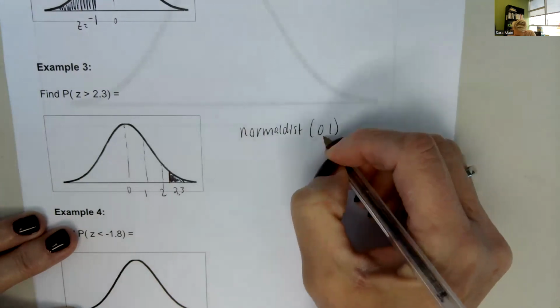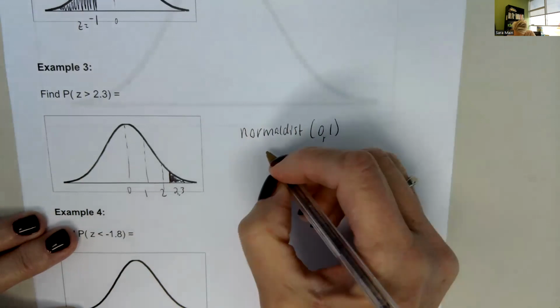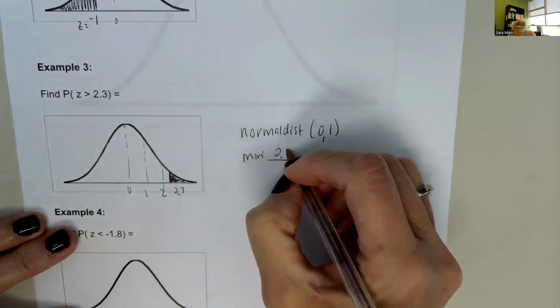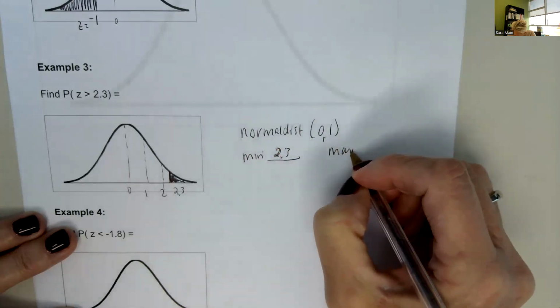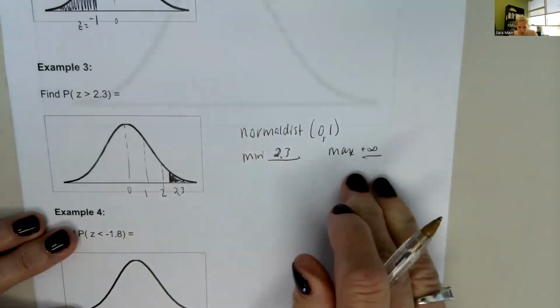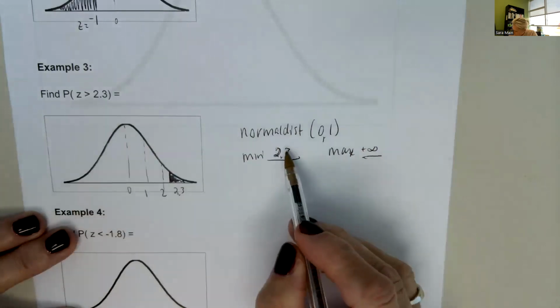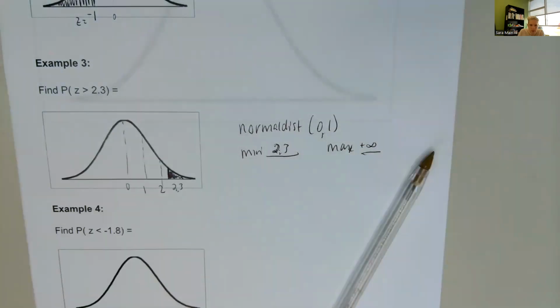Of 0 and 1 because we're describing the normal z. And we want to have our min. This time our min is at the 2.3 and our max will be at positive infinity. Now, if you don't put anything there, it'll automatically put a positive infinity. Because we're doing greater than, that's why our minimum is at the 2.3, and then we're shading to the right. Let's go to Desmos to see this.